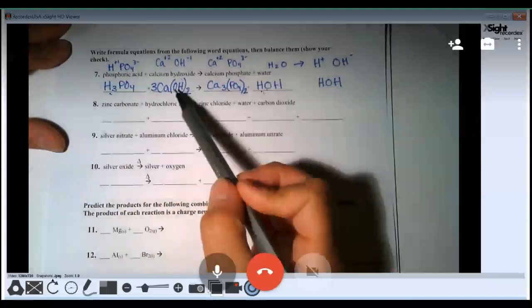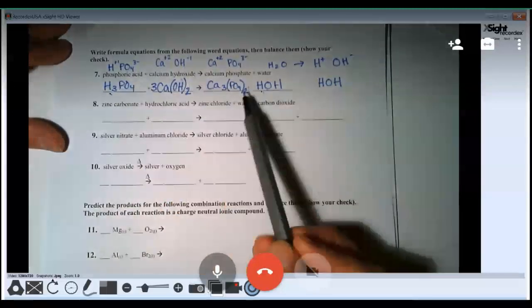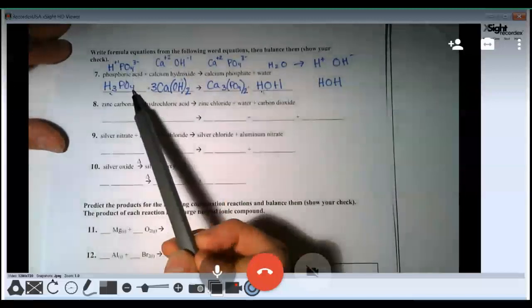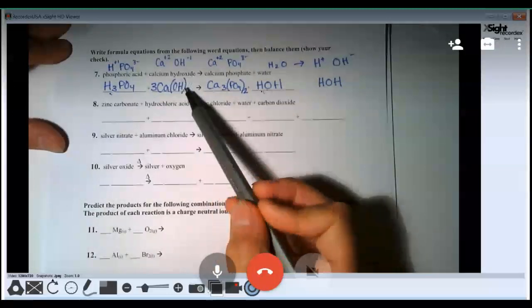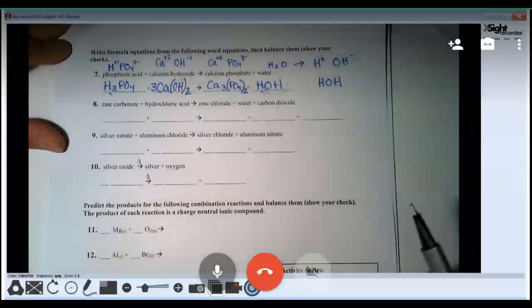So I look and I say, okay, there's 2 phosphates on my product side and only 1 on my reactant side. And there's 2 hydroxides on my reactant side and only 1 on my product side. Does that make sense?